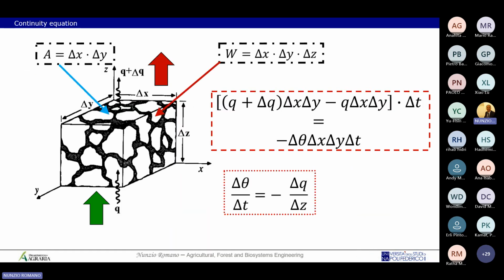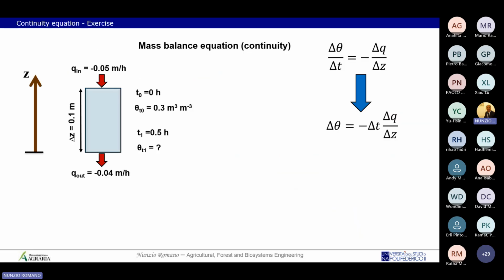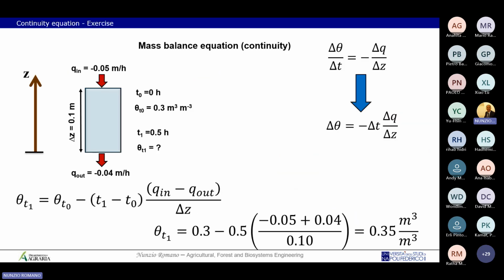Again, like the continuity equation, you have fixed the positive orientation of the x, y, and z axes, and to be consistent with the physical meaning, we have to use the minus sign.